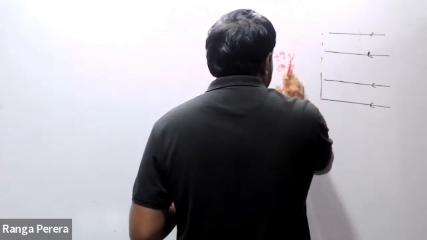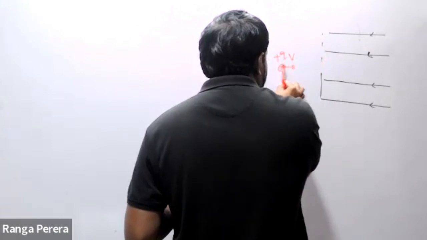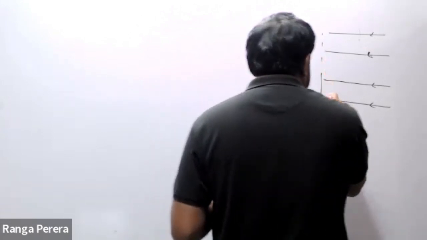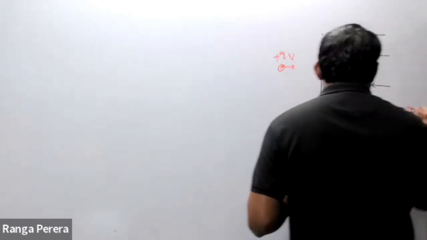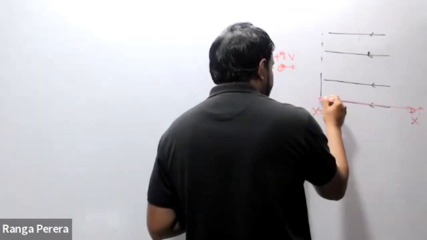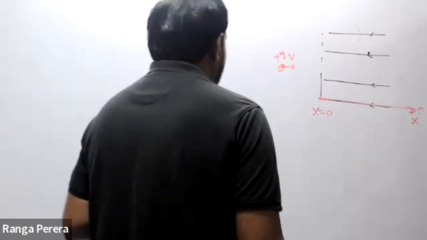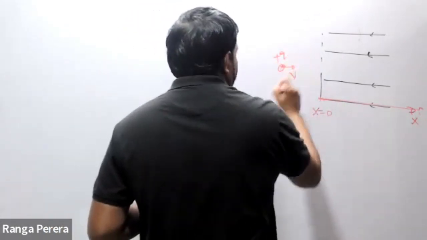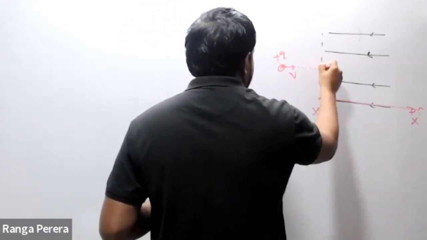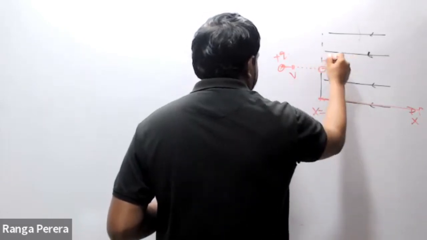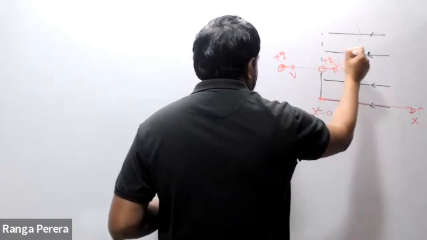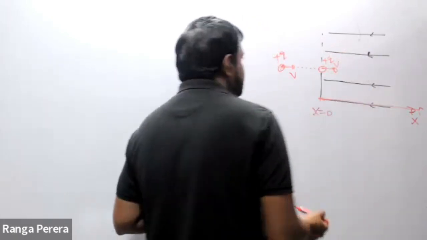There is no field from here to there. This is the positive x direction, x equals 0, just like the origin. So this object starts at this point with the same velocity, a positively charged particle. What happens at this point?